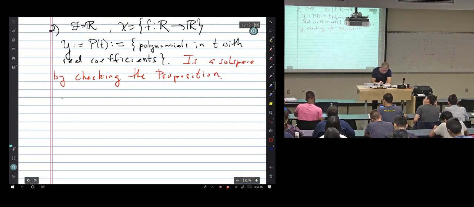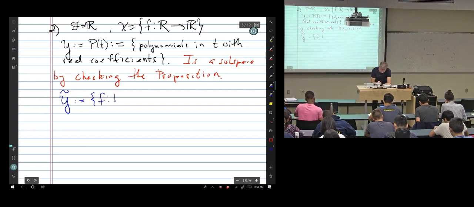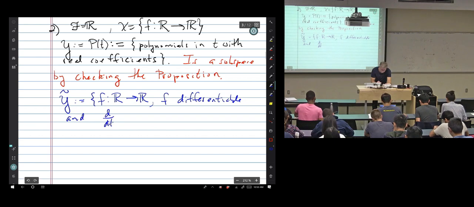Here's the other example I just said. Y tilde by definition equal to the set of F takes R to R, F differentiable, and d by dt of F identically 0. Okay?